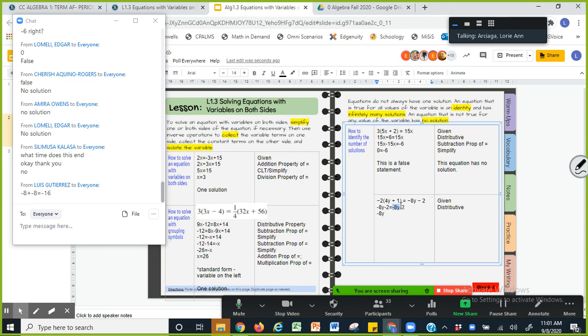Let's just follow the properties, which is do the reverse operation, and see what we get. So if I have negative 8y, we're going to move that here and make it positive, and you were right, it will become a 0.